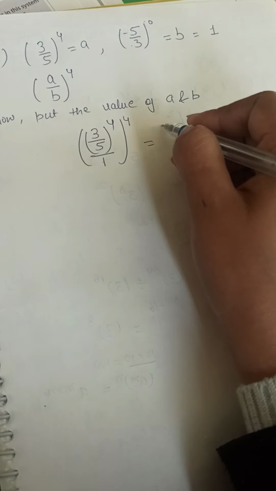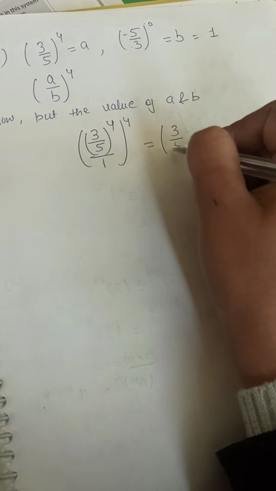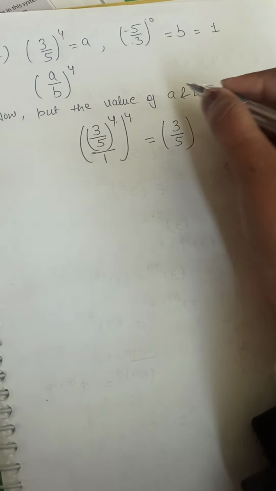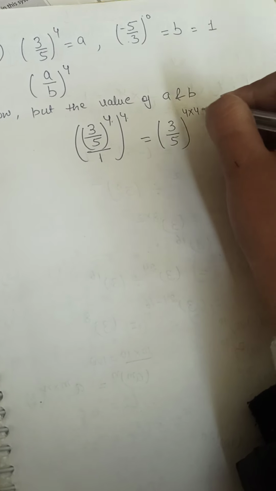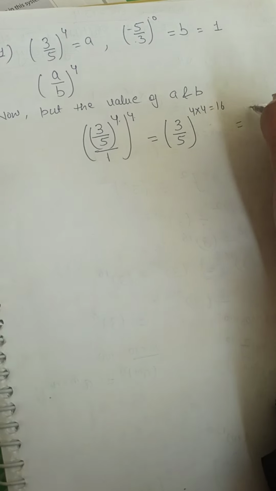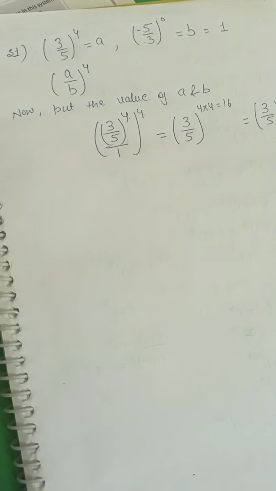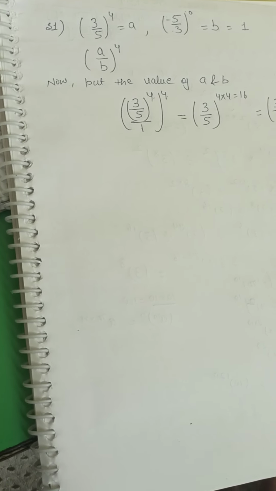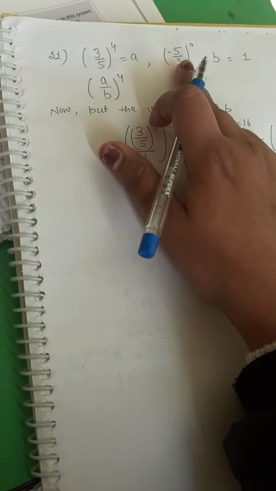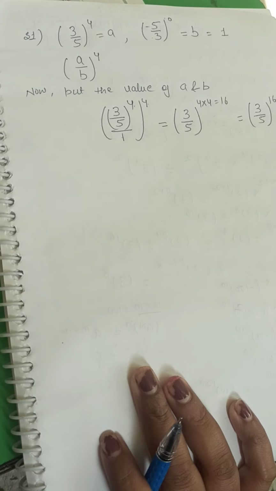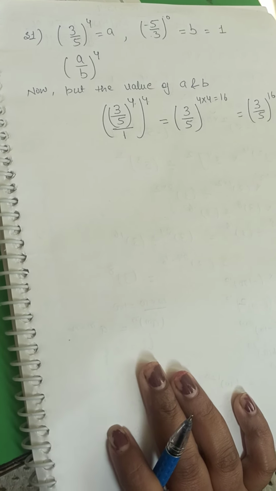We will go with the same. 3/5, 4 times 4 is 16. So your answer is (3/5) to the power 16. Clear this one? In these types of questions, laws of exponents will be very useful to make your calculation smaller.